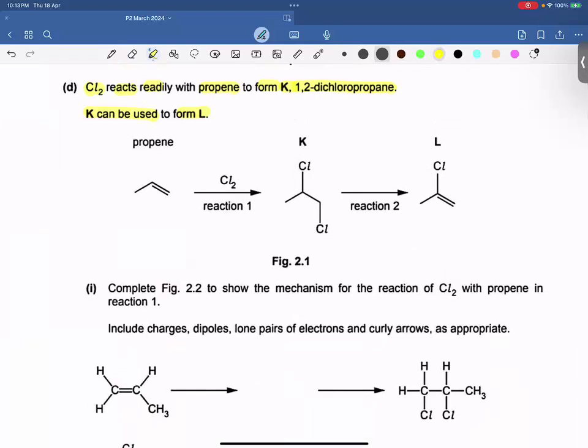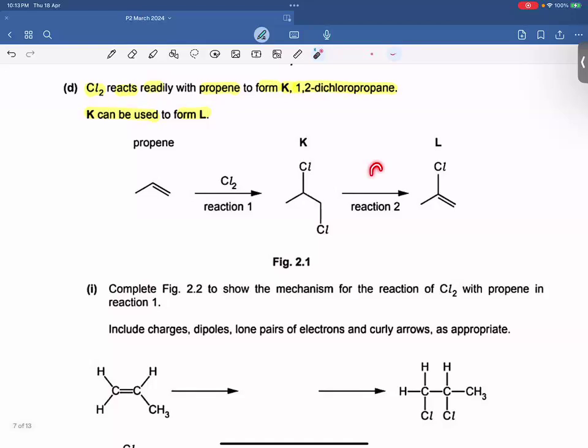Okay. Now in the first reaction, chlorine has been added on the double bonded adjacent carbon atoms, and so you will get this compound. Now when this compound reacts with another reagent, it will turn to an alkene.